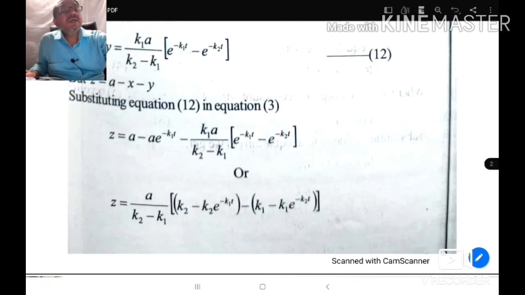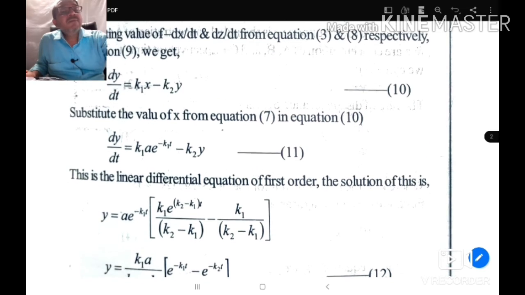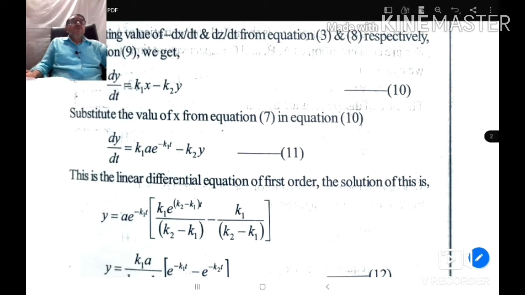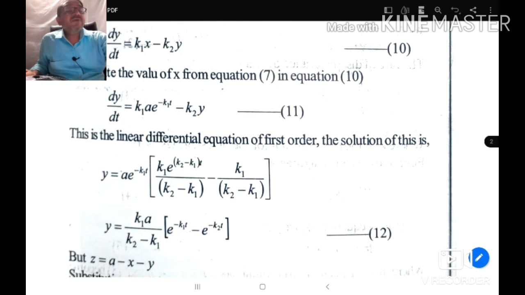When we apply this for substitution, dy by dt is equal to k1 a into e to the power minus k1t minus k2y. This is equation number 11. This is a linear differential equation of first order.